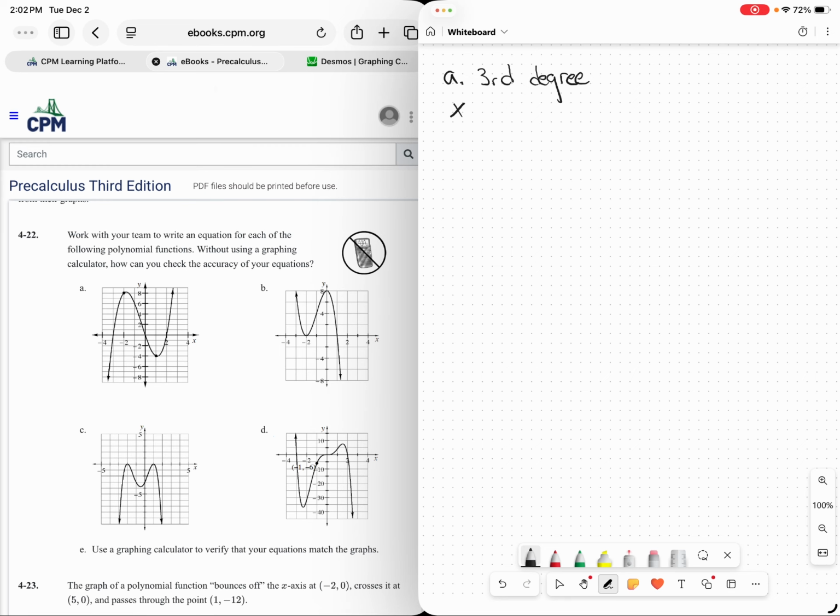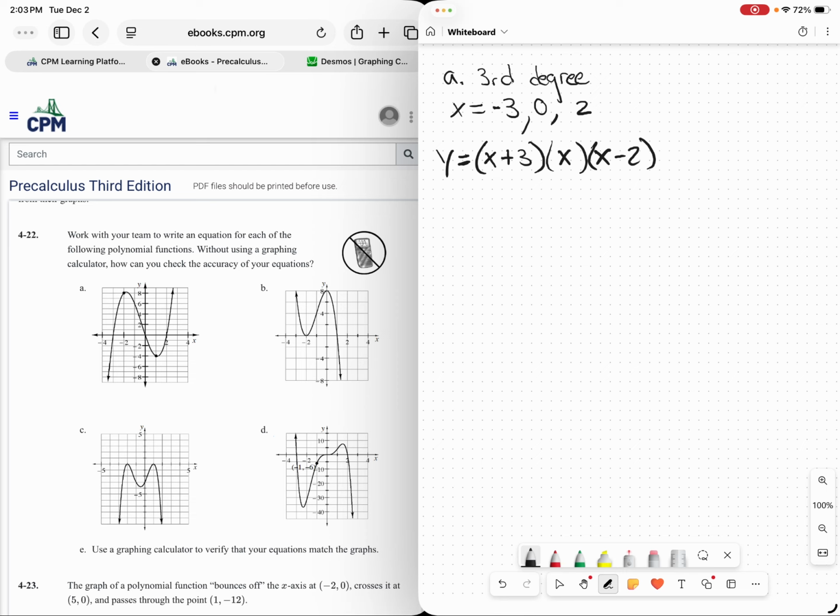So we have zeros at x equals -3. We have a 0 at x equals 0, and we have a 0 at x equals 2. So if we're writing this equation, that would be y equals x plus 3, x, and x minus 2. So that's factored form based on our zeros.